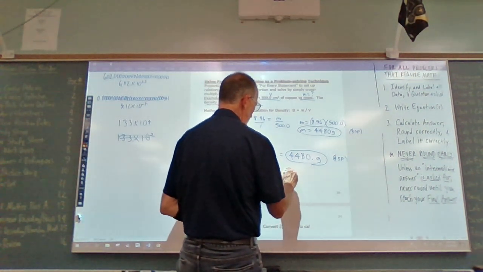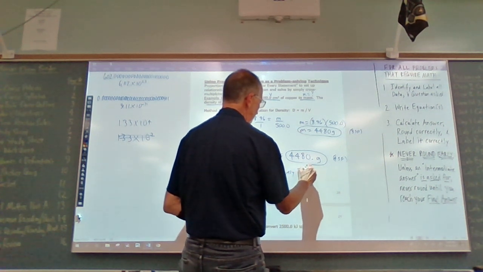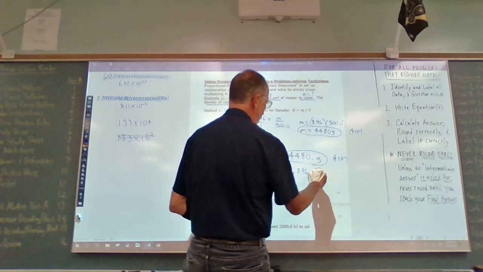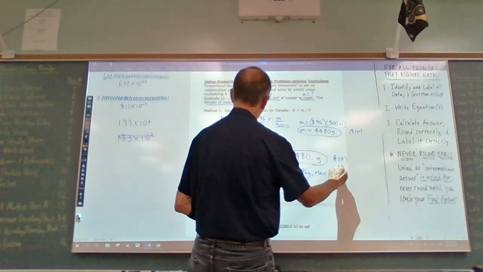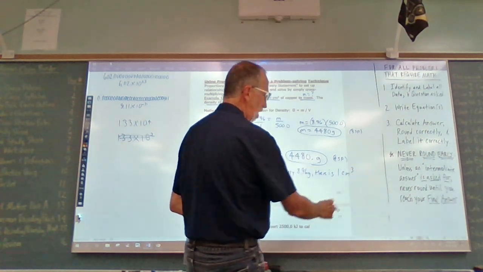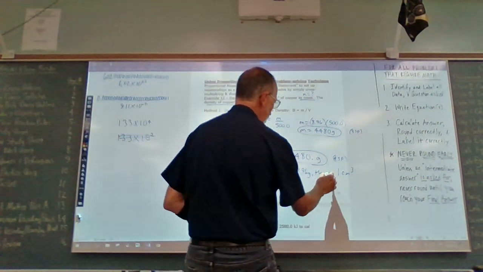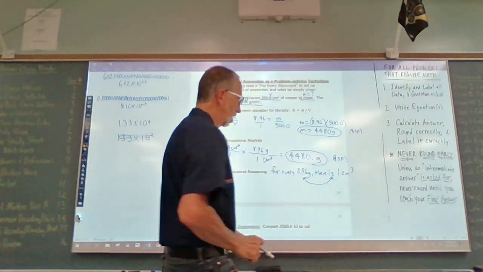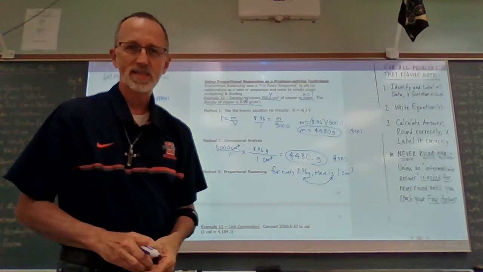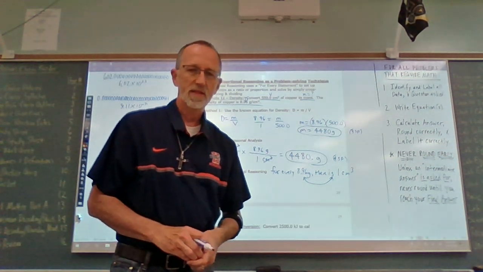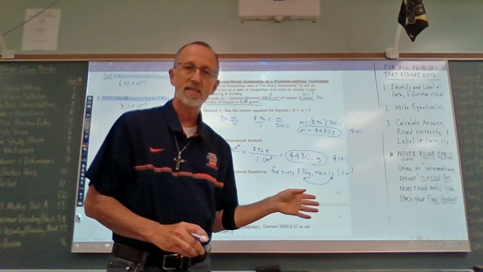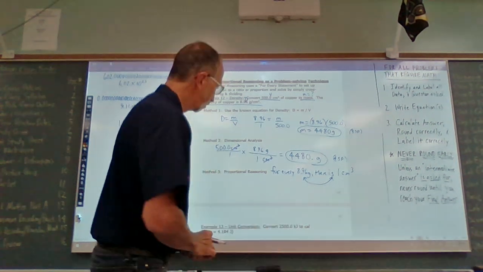For every 8.96 grams, there is 1 centimeter cubed. Or you could say it the other way around: for every 1 centimeter cubed, there are 8.96 grams. Either way.